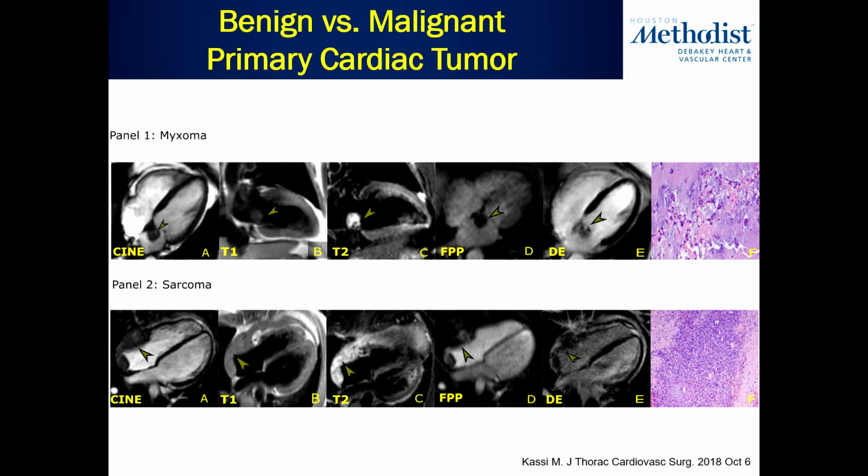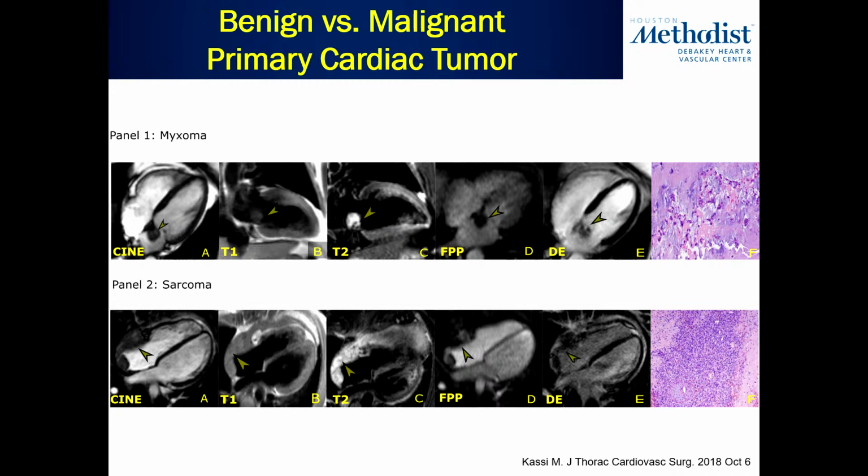Regarding tissue characterization for both of them, what I'd like to point out again is that both were bright on T2, and both demonstrated contrast enhancement, both with first pass perfusion, although the myxoma, which is the top image, did not have as profound first pass perfusion as the sarcoma.